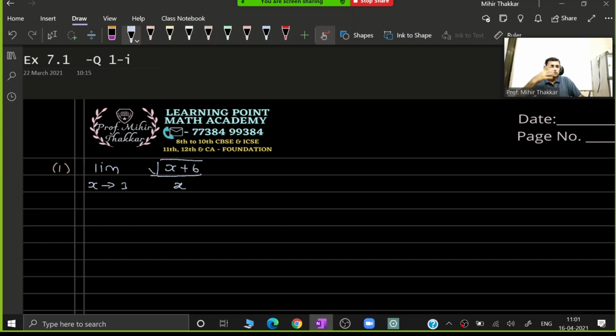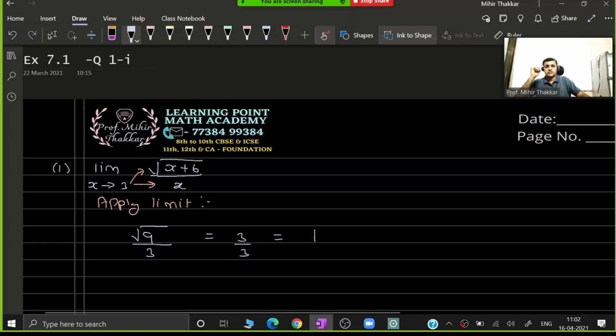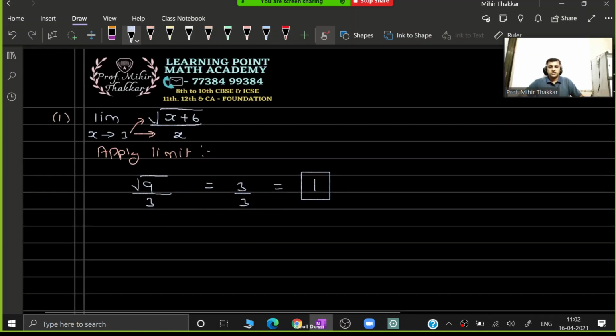When you want to substitute the limit value, you write two simple words: apply limit. The meaning of apply limit is to substitute the value of x as the given limit value, which is 3 in this case. So when you substitute this, you will get under root of 9 divided by 3, which becomes 3 by 3 ultimately, which is equal to 1. A very simple question. You just have to substitute the limit value and you get your solution.